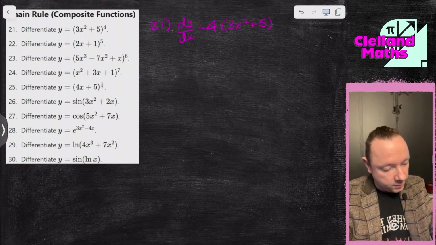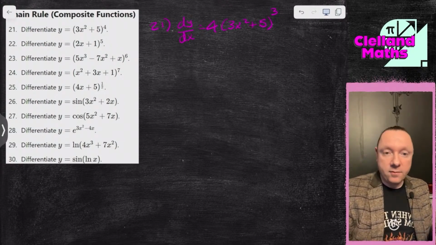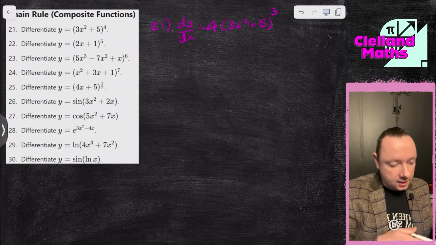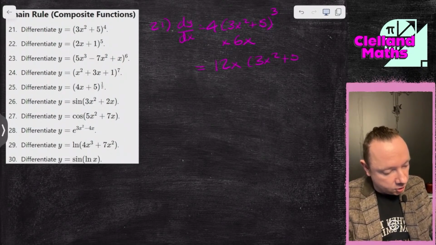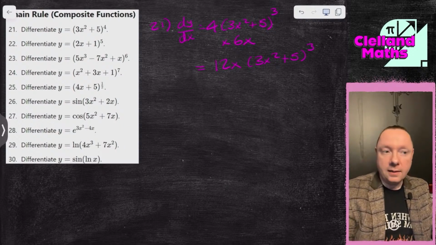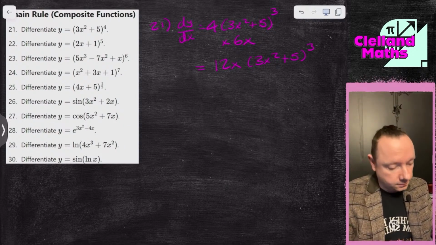And then I take 1 away from the power, making it 3. But now I need to times by the bit inside the bracket differentiated. So what have I got? 3x squared plus 5, so I need to times by 6x. Tidy that up then. 4 6s is 24x. 3x squared plus 5 cubed. Happy with that. Okay, next one.